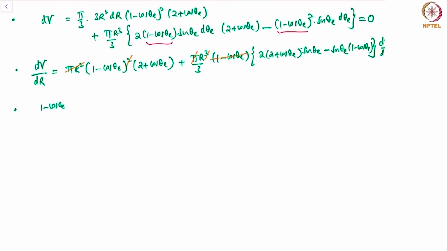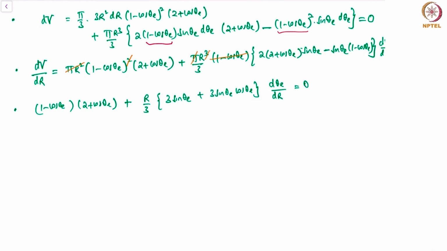What I'm finally left with is 1 minus cos theta e times 2 plus cos theta e plus r by 3, and we can simplify this a little bit, and we get 3 sin theta e plus 3 sin theta e cos theta e, of d theta e by dr, and we know this quantity is equal to 0.